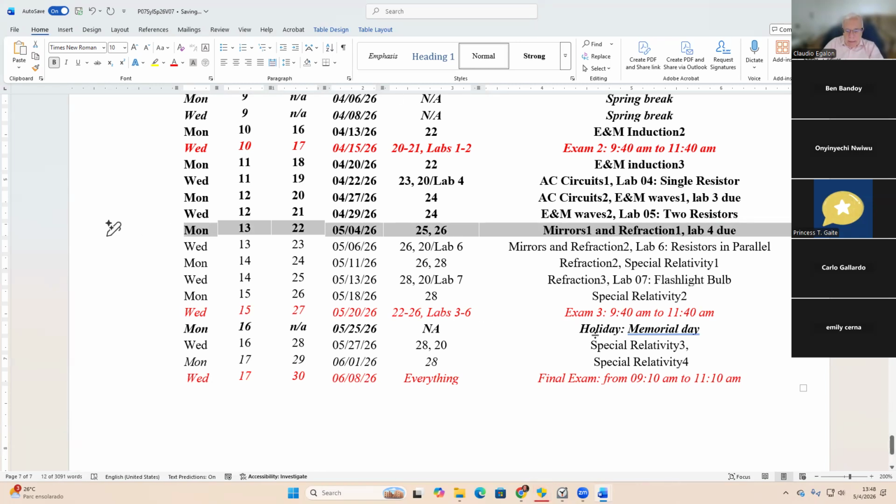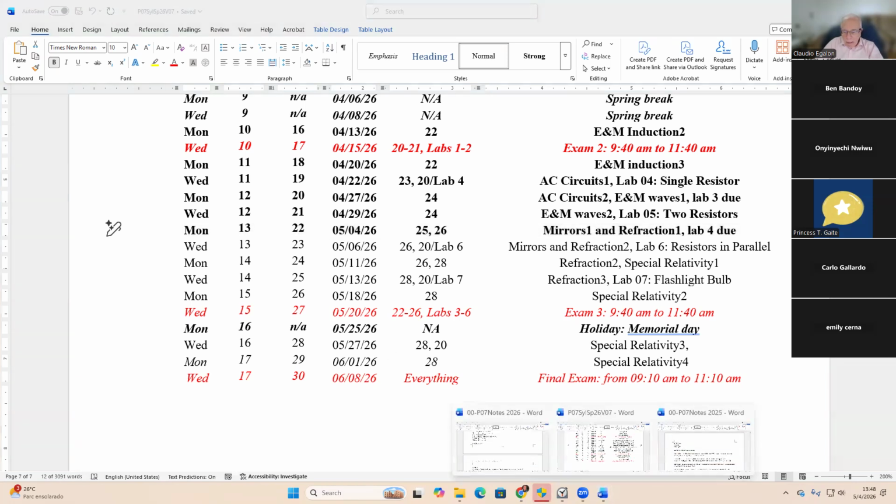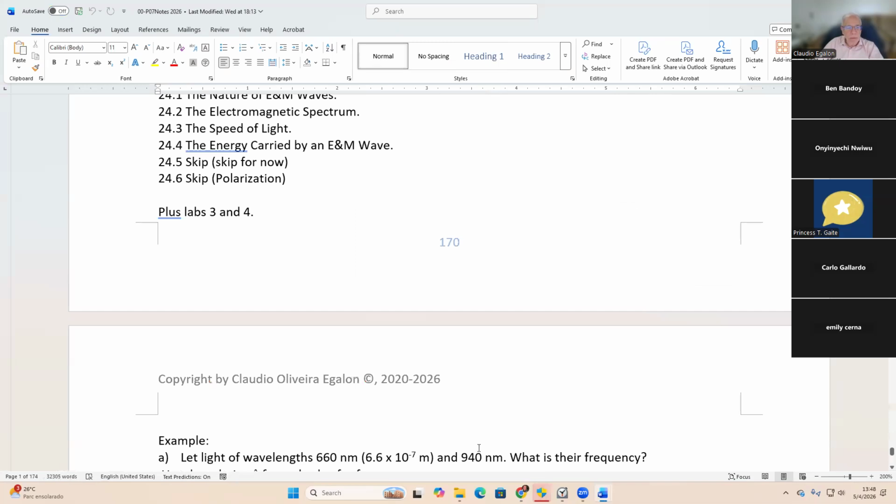Okay, and going back to the notes right here. Reflection of light by mirrors.